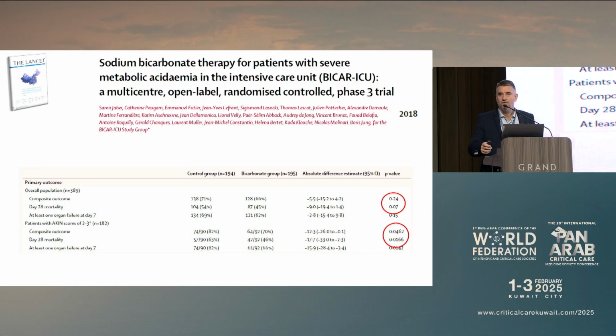For all the patients, you have no real benefits, but for the specific population of acute kidney injury, perhaps you have a beneficial effect due to a metabolic acidosis due to a discrepancy on sodium and chloride, not due to the accumulation of unmeasured anions.